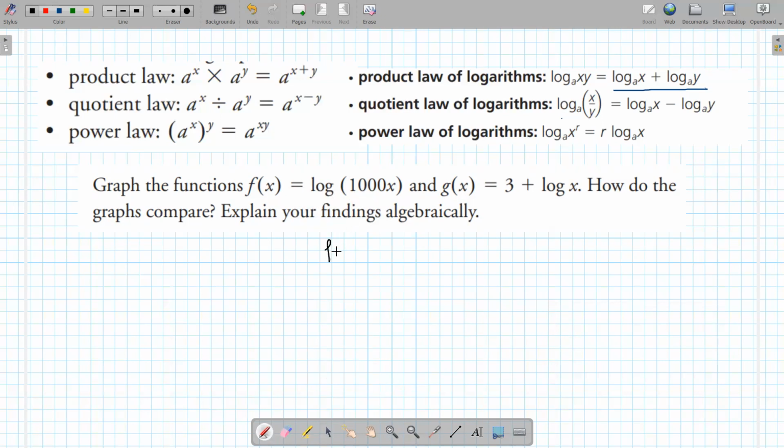Let's look at the first one. Log of 1,000x. We can split this up using the first rule. What does it become if we split this up? We're using the first one there, the xy thing.